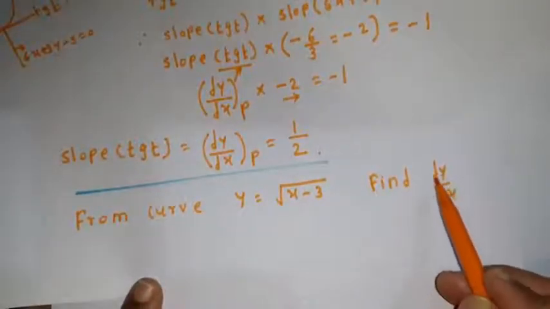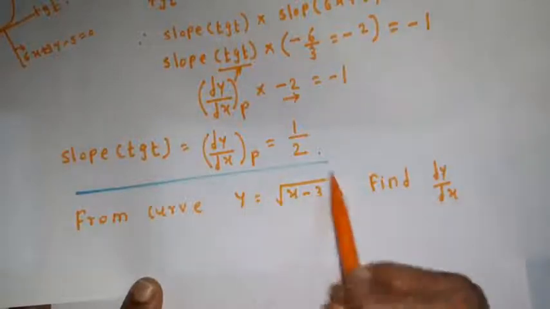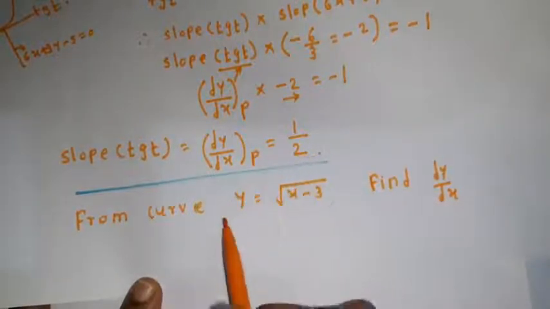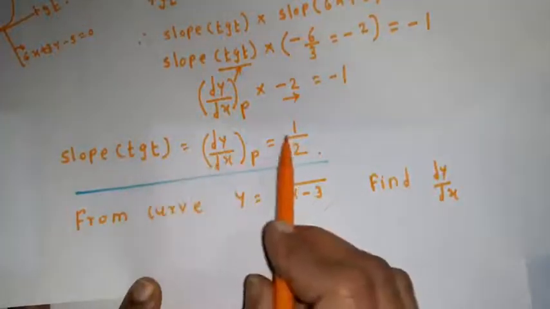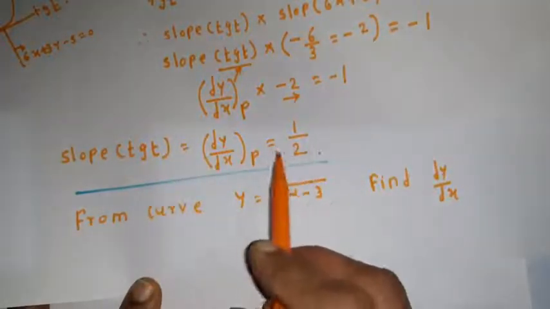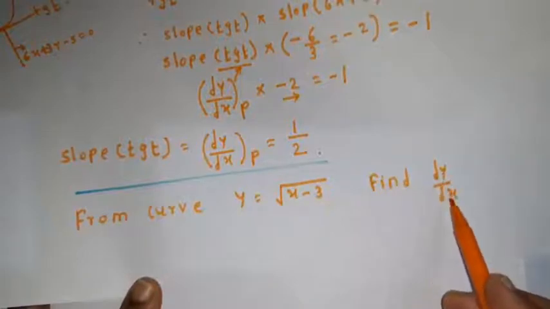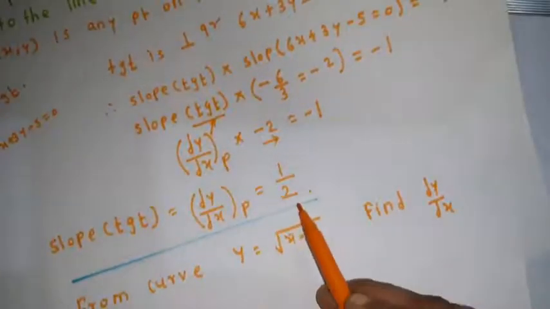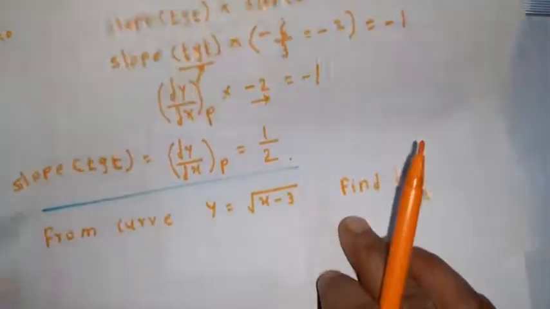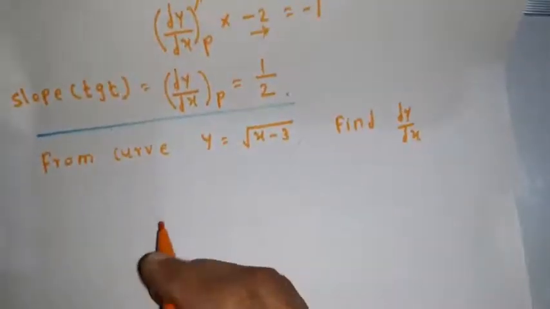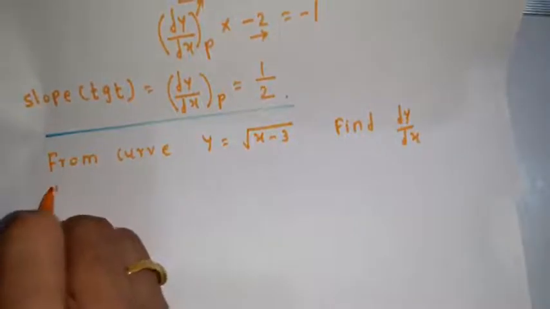Because we know that dy by dx, the differentiation of this curve, is nothing but the slope, and we have got the slope equal to 1 by 2. So we will find dy by dx, compare it with 1 by 2, and find the value. Differentiate this with respect to x.